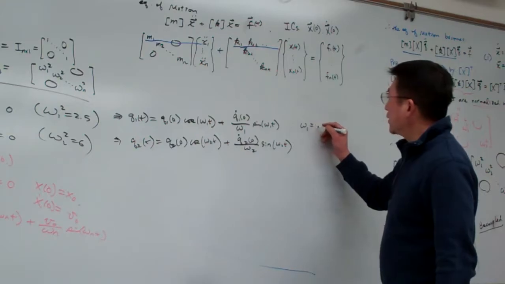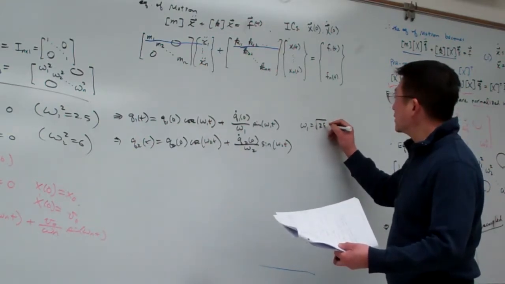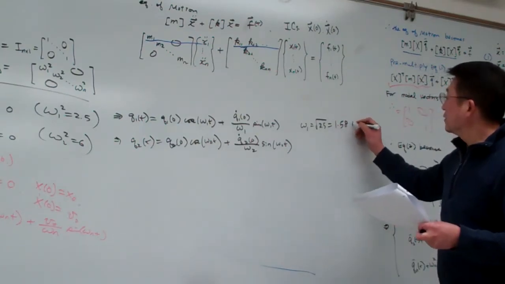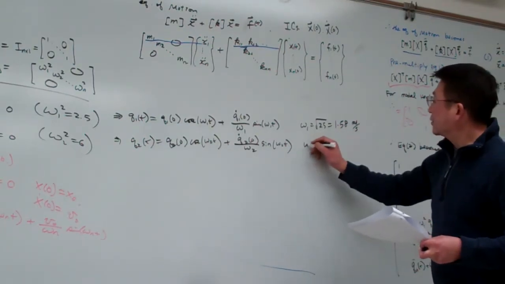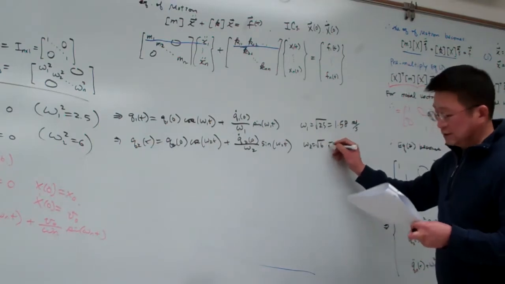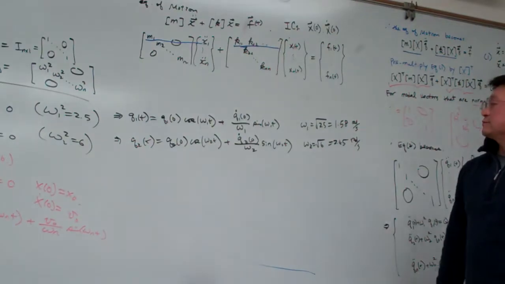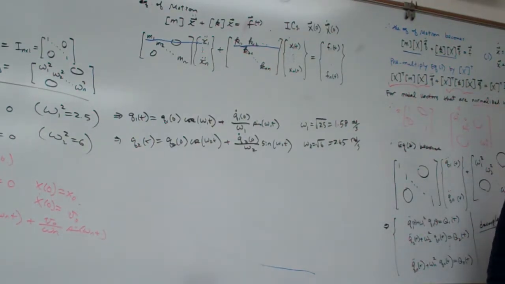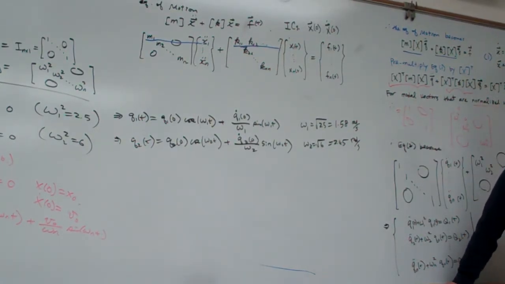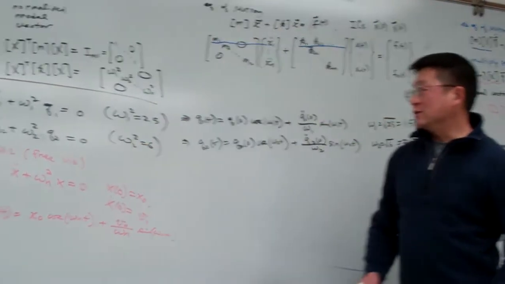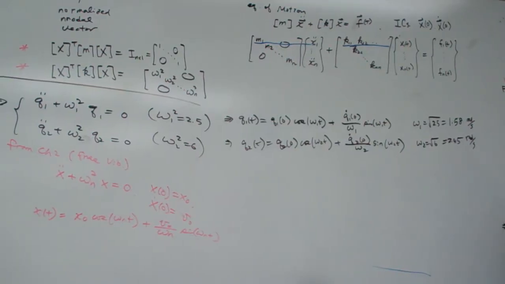Here we know omega 1 equals 1.58 and omega 2 equals 2.45 radians per second. So plug in what we have learned before, and this solution is there.